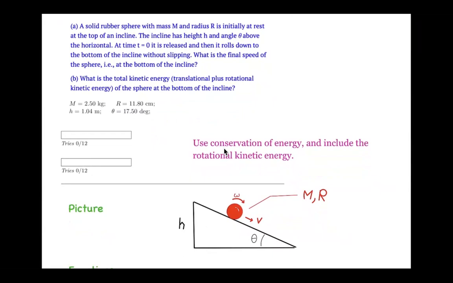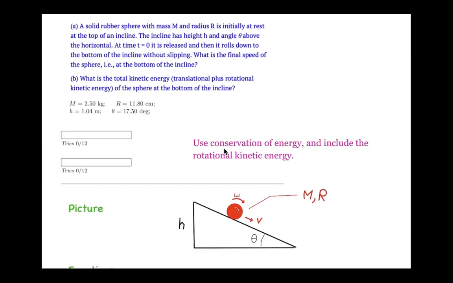It starts at rest and then it rolls down to the bottom. As it's rolling, the center will be moving. That's the velocity v. And the object itself, say a sphere, will be rotating, as in this picture.